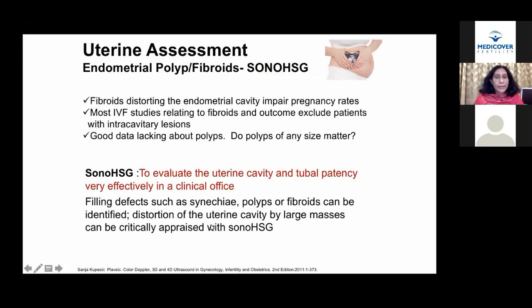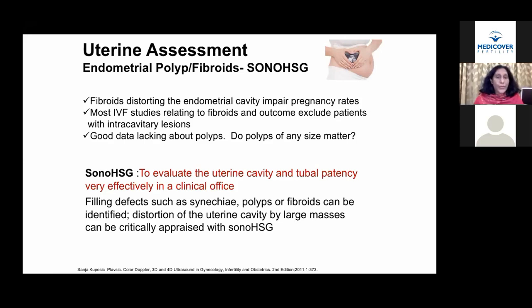Apart from abnormalities of the shape, we can also have fibroids which distort the endometrial cavity, which impair pregnancy rates. Most IVF studies relating to fibroids and outcome exclude patients with intracavitary lesions. Sometimes they can be small polyps, or the polyps can be bigger also.